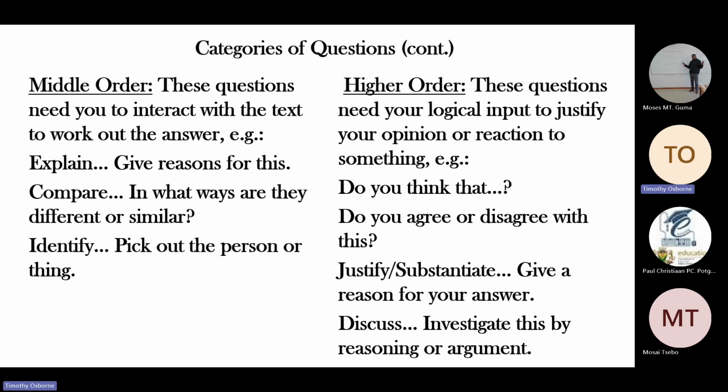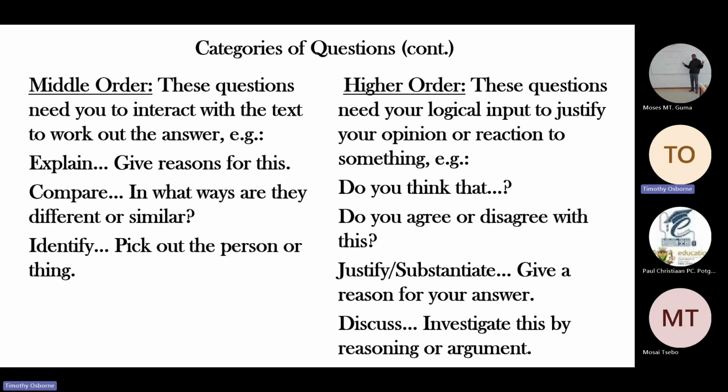Or you could say, do you agree or disagree with this statement? Okay, we are spending too much time at school every day. Okay, and then justify or substantiate means you have to give a reason for your answer. So it's not just agree or disagree, but you must explain why you agree or disagree.